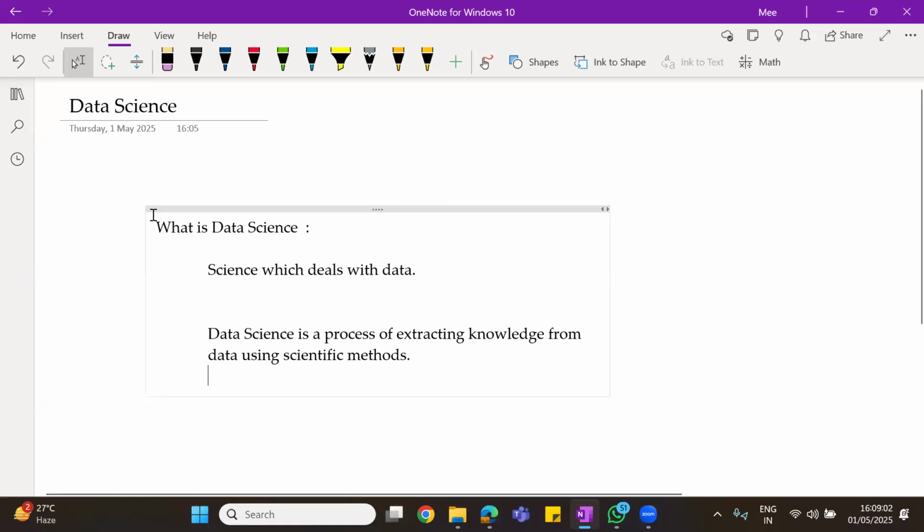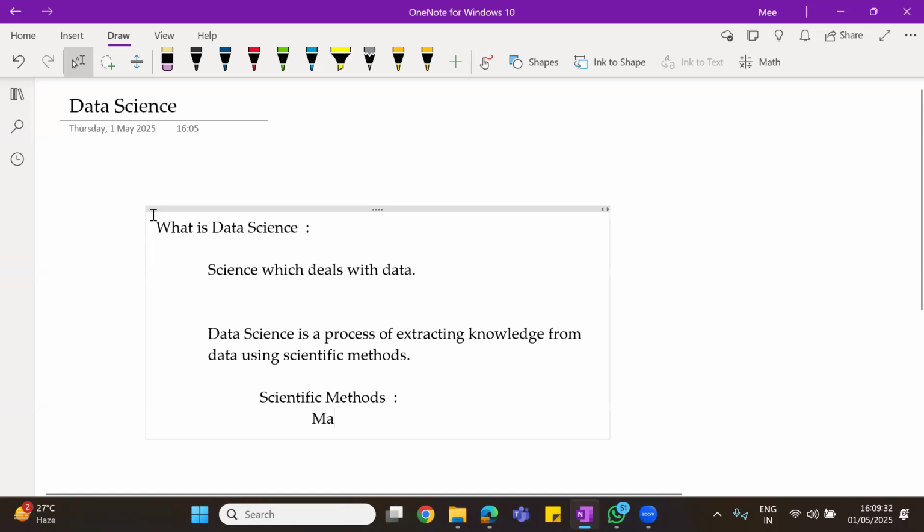Now, scientific methods means, I will explain this one, guys. Usually, whenever you are using mathematical formulas and statistical formulas for any purpose, that is considered a scientific method.